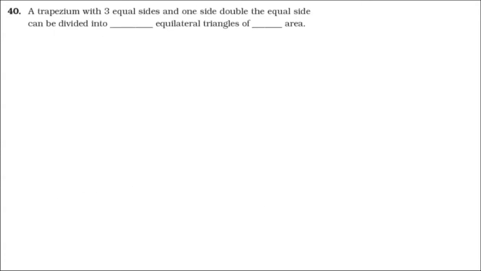Question number 40. A trapezium with 3 equal sides and one of the sides double the equal side can be divided into dash equilateral triangles of dash area. Here, as per the question, let me draw the figure.